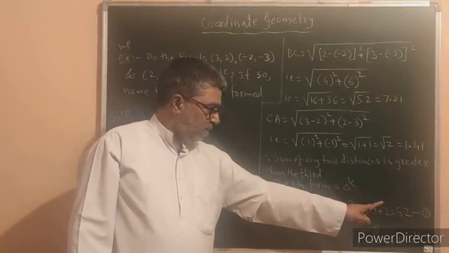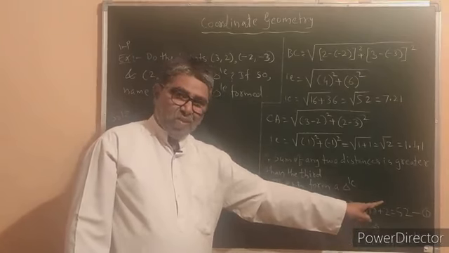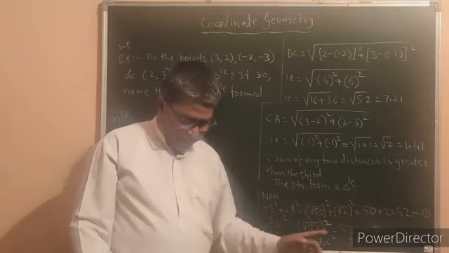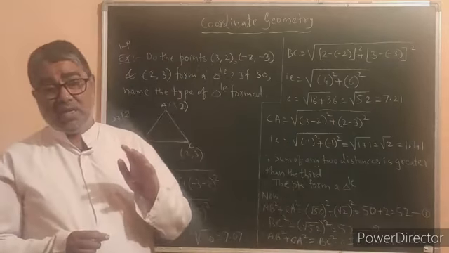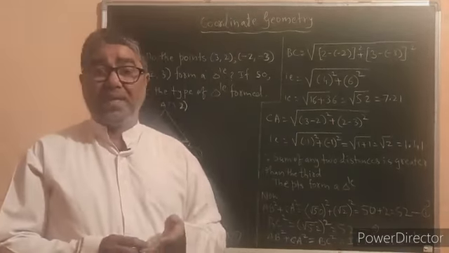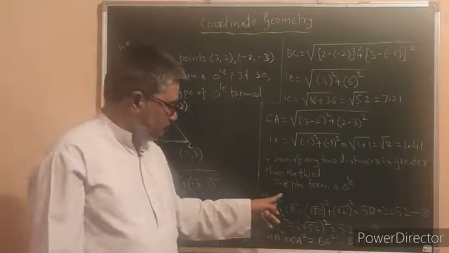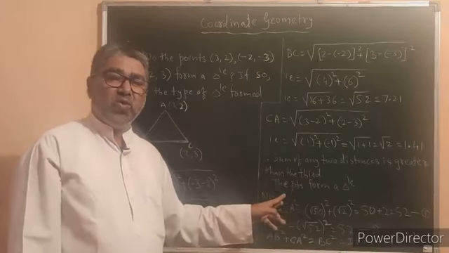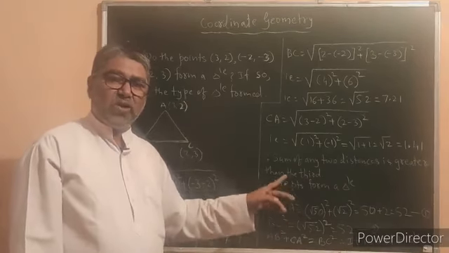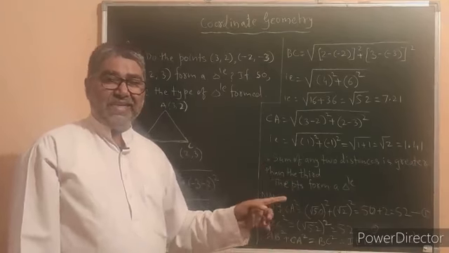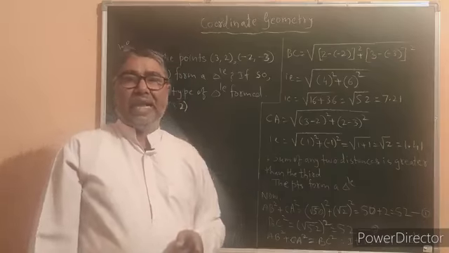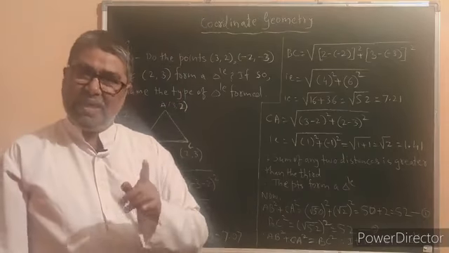If you look at the results, number 1 and number 2, they are equal, and according to the converse of Pythagoras theorem, in a triangle, if the sum of the squares of two sides is equal to the square of the third side, then obviously the triangle must be a right angle triangle.